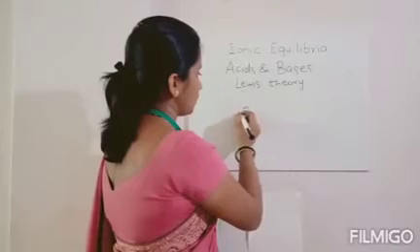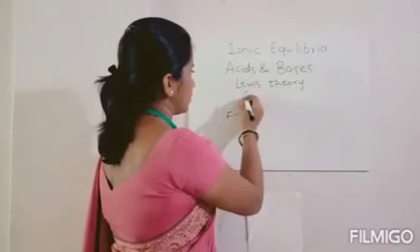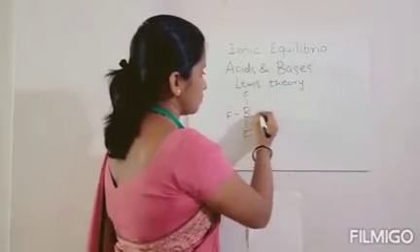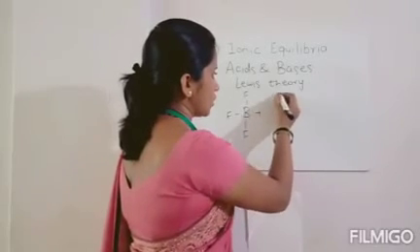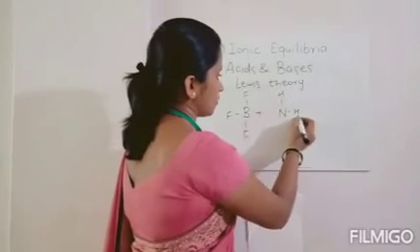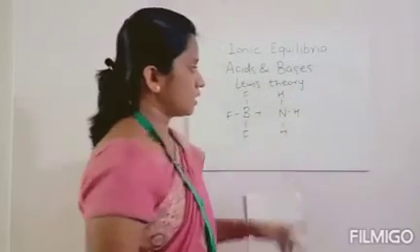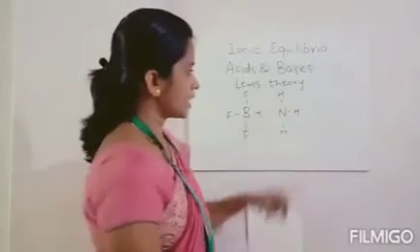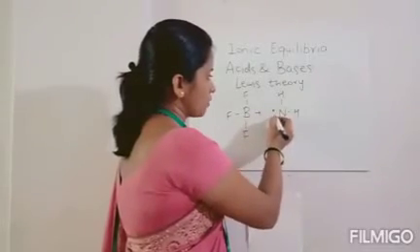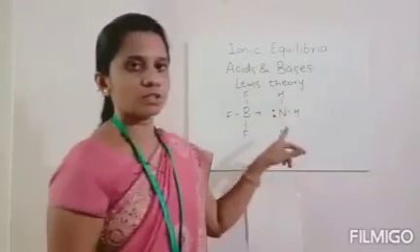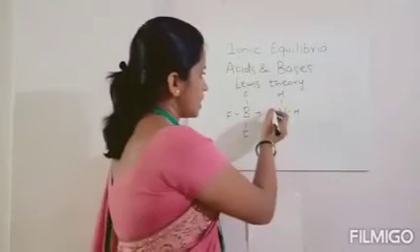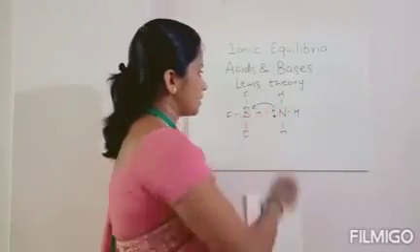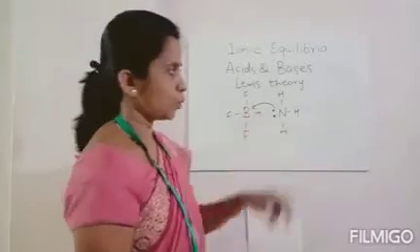See example, BF3, boron trifluoride and NH3. In case of ammonia, there is presence of lone pair of electron on nitrogen. This electron pair is shared between this nitrogen and boron.